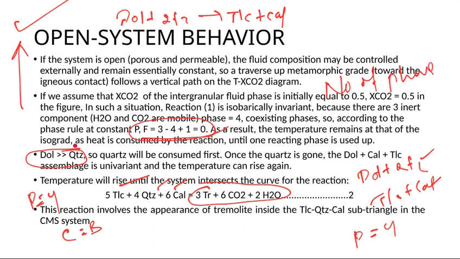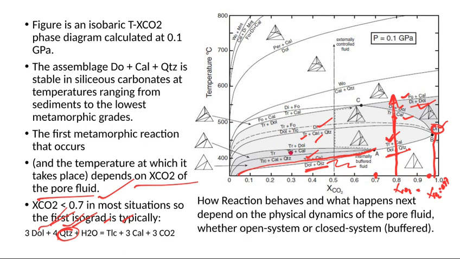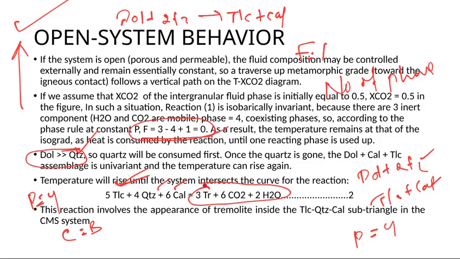So the first amount of quartz will exhaust. After the exhaustion of quartz, the degree of freedom will become 1. Now it will proceed further and wait for the second influx of quartz. Then at that point talc will react with calcite and the second influx of quartz, because it is open system behavior. Then tremolite will be formed, with CO2 and H2O as products.